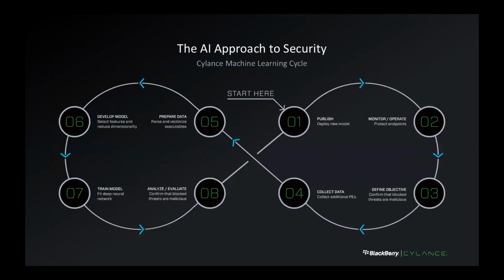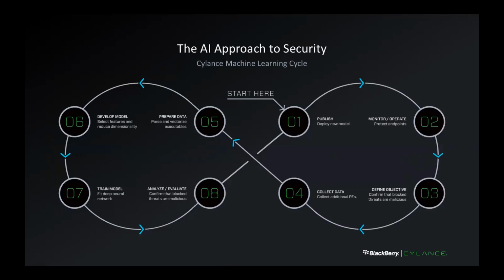We parse and vectorize that data, which is, how do we classify it? How do we understand it? How do we take it apart and pull the attributes out? We look at the features and reduce dimensionality, which is a complex way of saying we take the features that the model thinks are relevant automatically, and then we reduce the complexity of the model's effort to make a decision by collapsing the space.